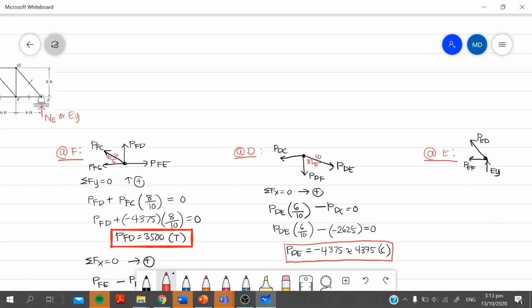So, the slope of ED is 6, 8, 10. Okay, so sum up forces vertical first. Assume upward is positive. So, EY plus force ED times 8 over 10 equal to 0. EY is 3.5. So, solve for ED. It should match what we solved earlier.